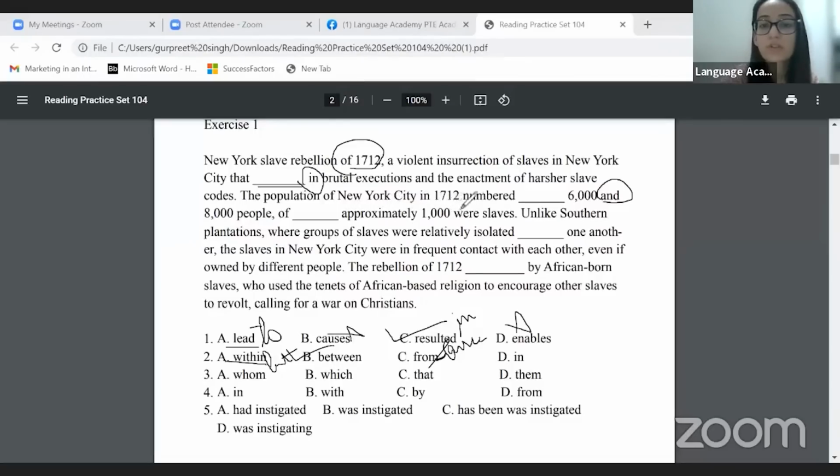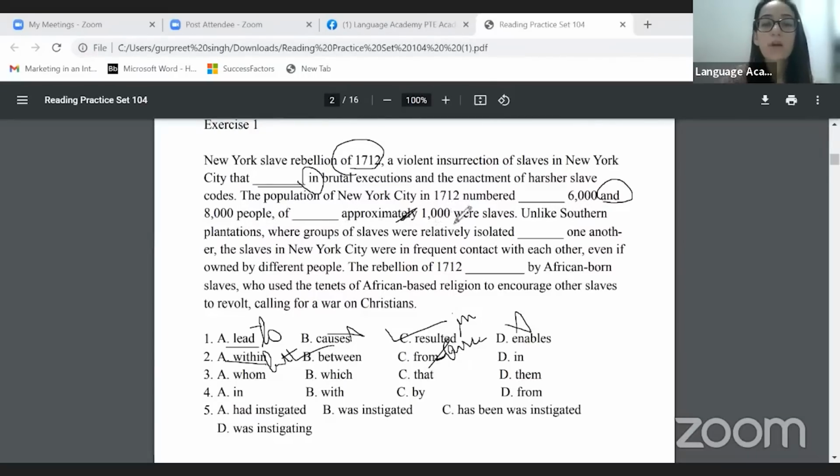So the population numbered between 6,000 and 8,000 people, of 1,000 were slaves. So whenever we are reading our sentences, we can always eliminate the ly words, meaning the adverbs, to make the sentences shorter, simpler, and more understandable. So the population was between 6,000 and 8,000 people.